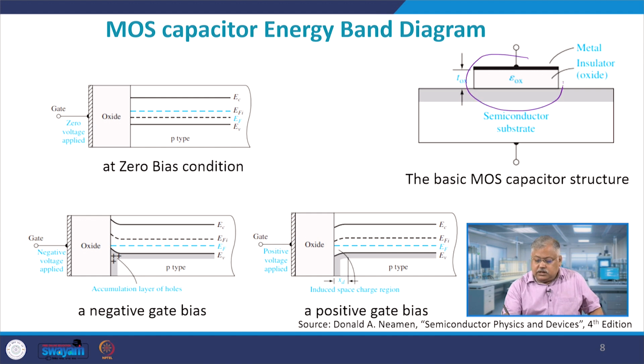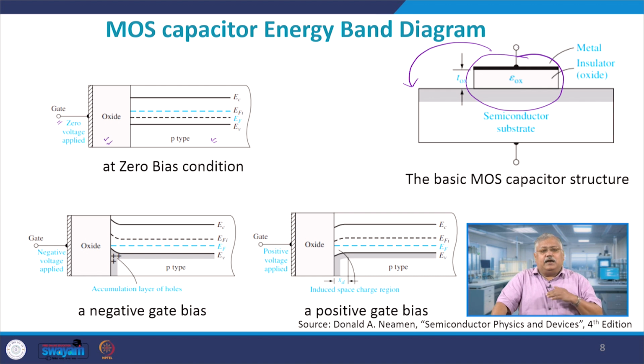This is the MOS, with the gate on this side, then an oxide layer, and then a semiconductor, which is the p type semiconductor. Since your semiconductor is p type, I would expect that my Fermi level EF will be close to the valence band.